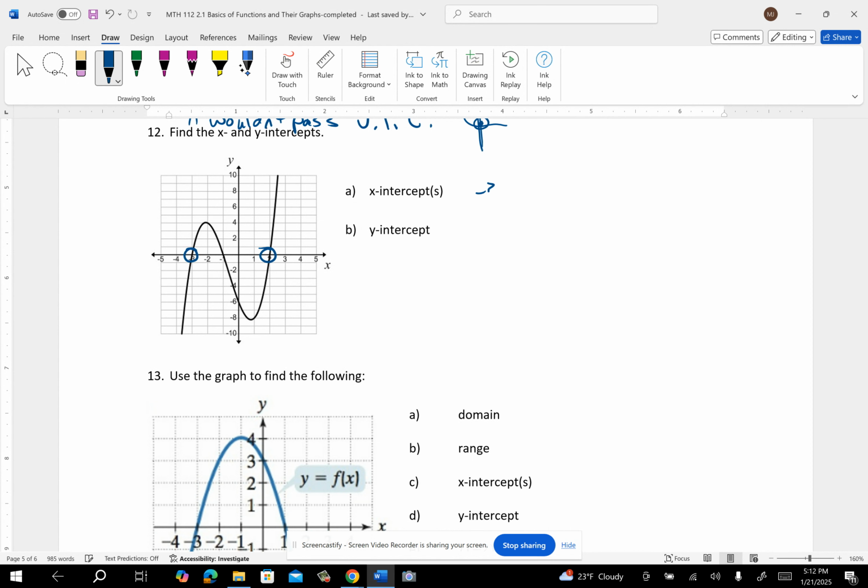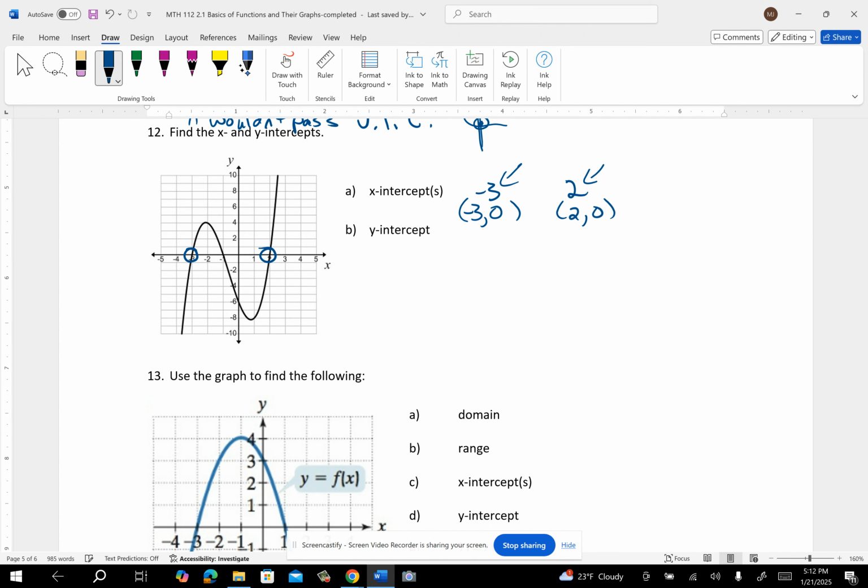So it'd be okay to say at -3 and at 2, there'd be 2 x-intercepts. But they really are points, so sometimes we like people to write them as ordered pairs. Okay, and I didn't check it before I started the video, but I believe they'd like it just like this, just the x value. So just the -3 and the 2. Okay, but both would have been actually correct.